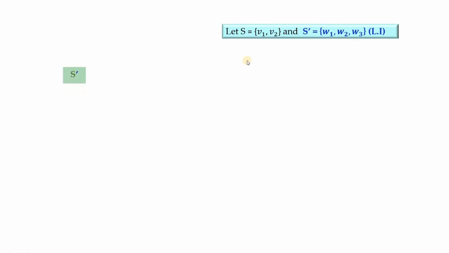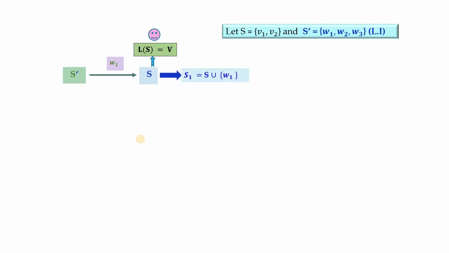So we consider our S prime, that is this. From that S prime, W1 is augmented to S. So we have, but already S is a basis, so it has to span V, that is there. And from S, we are augmenting this W1, so we get S1.